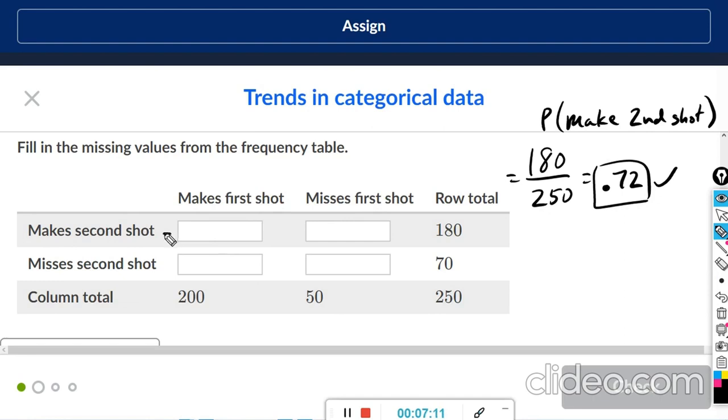So right here, this is going to be 0.72 or 72% out of 200. If I do that on the calculator, I get 144, so that goes right in here. And again, the probability to make the second shot is 0.72. That's this row, make the second shot right here. That's going to be 72% or 0.72 out of 50.